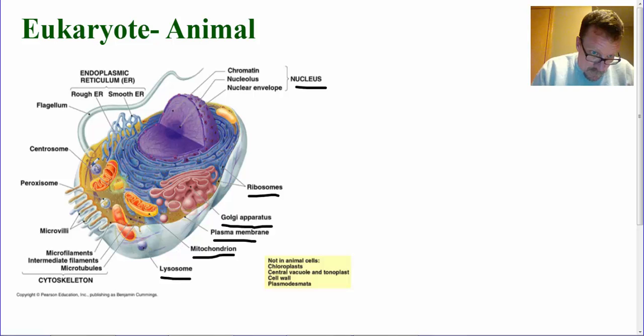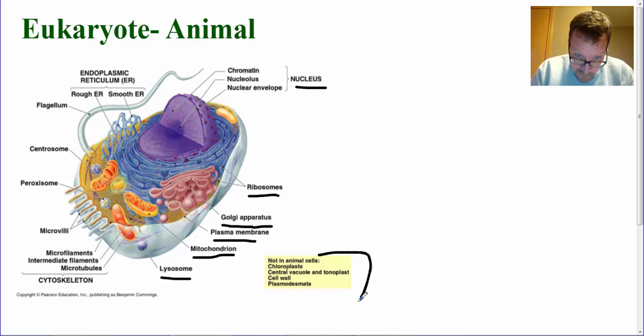Here you have a centrosome. In animal cells, there's a centrosome to control mitosis. Of course, the difference between animal and plant cells is no cell wall. And then there's the cytoskeleton that gives support and motility to the cell.